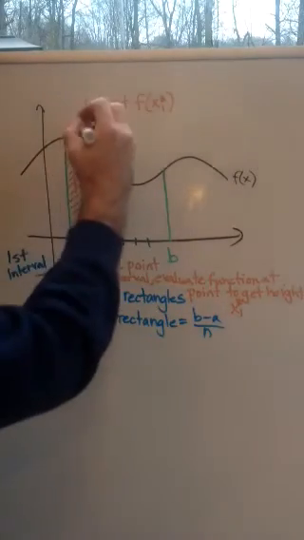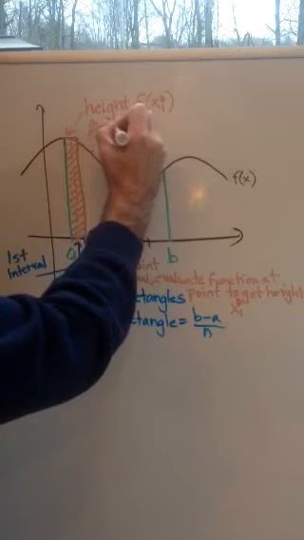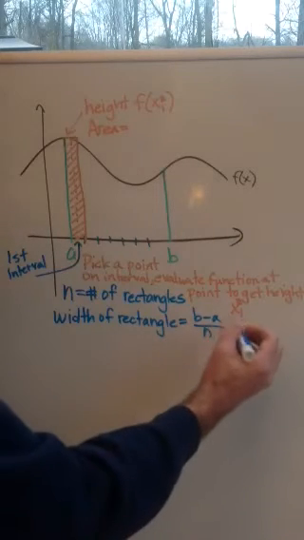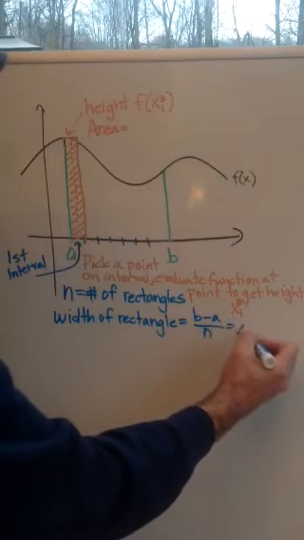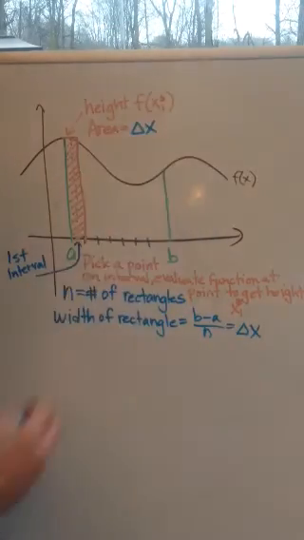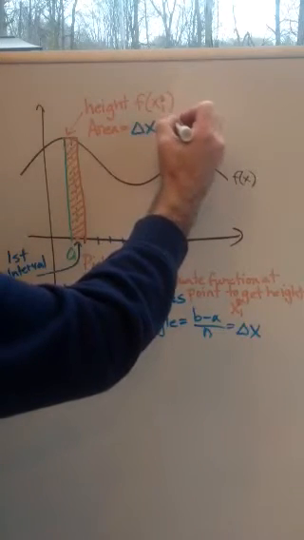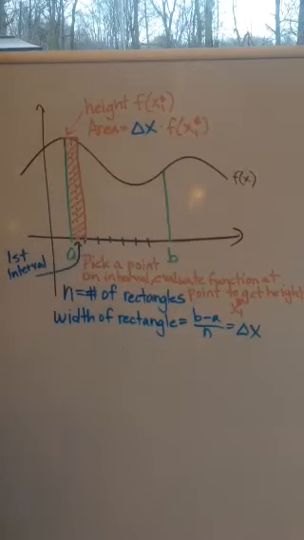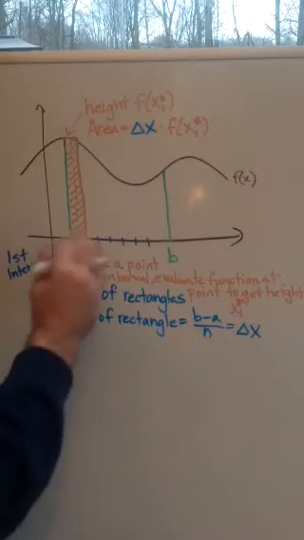If I want to find the area, then the area is going to be the width of the rectangle, which is b minus a over n. We'll give it a title of delta x. It's like our change in x. So this is the width of each one of these rectangles. I'm going to multiply it by what the function's equal to at that point.